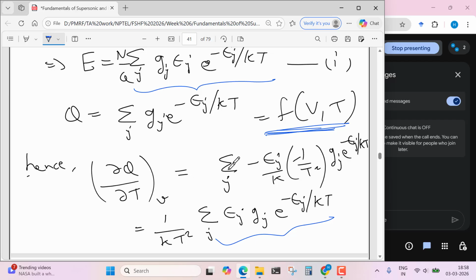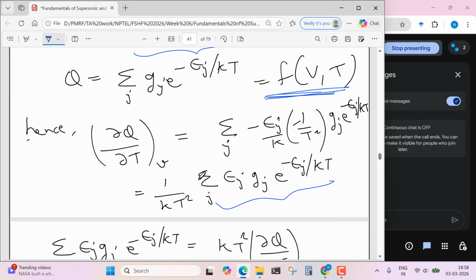Then we will get sigma j minus, if we take its differentiation, we will get minus epsilon j upon k minus 1 upon T square gj e to the power minus epsilon j upon kT. Minus minus will become plus, and kT square is constant, so it will come out, and it will become 1 upon kT square sigma j epsilon j gj e to the power minus epsilon j upon kT.